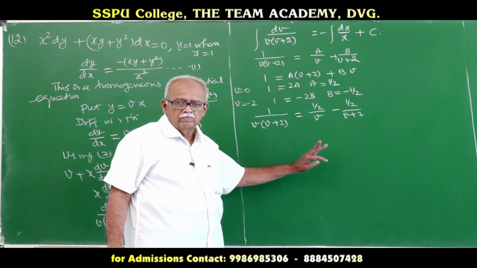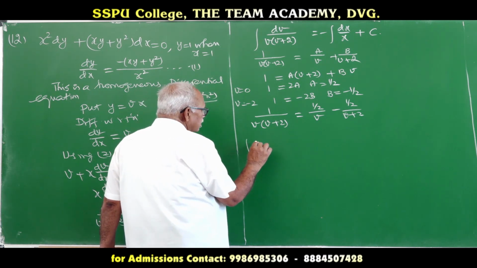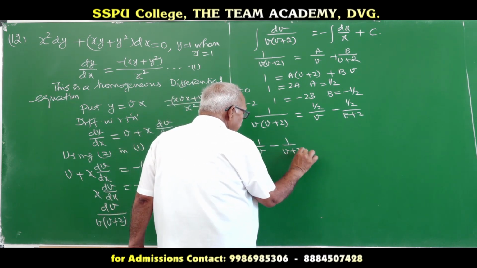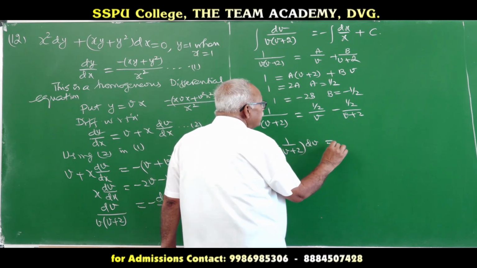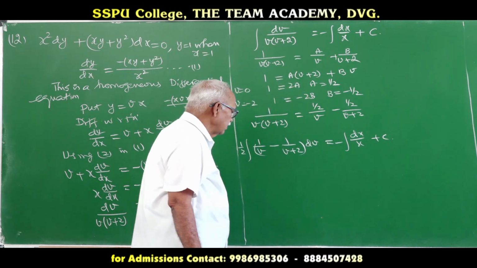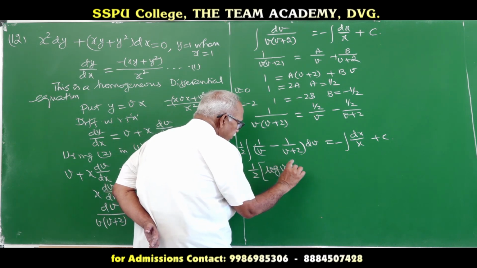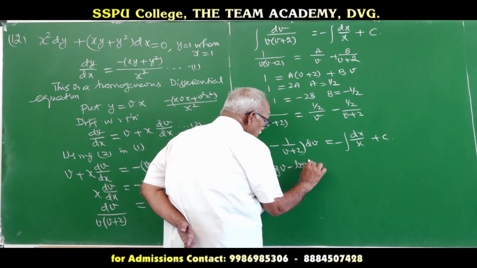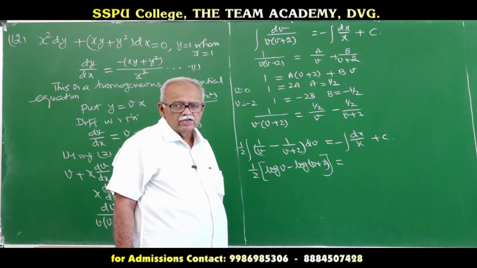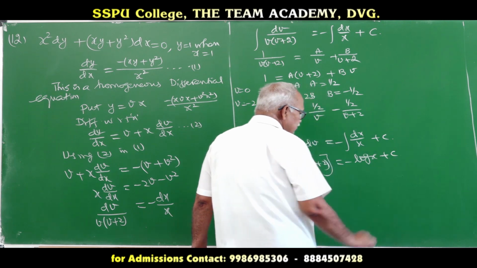We have to integrate 1 by v plus 2. Now, put it in the integral, that is 1 by 2 into 1 by v minus 1 by v plus 2 dv is equal to minus integral dx by x plus c. Now, let me integrate this, that is 1 by 2, log v minus log v plus 2 is the integral, minus log x plus c.